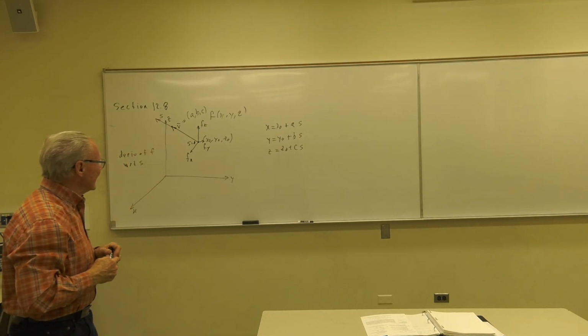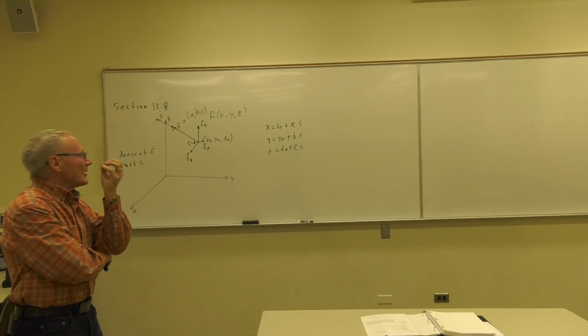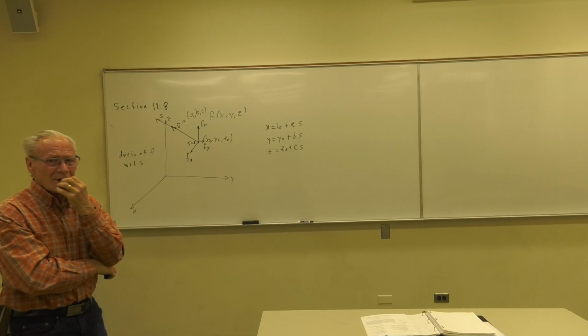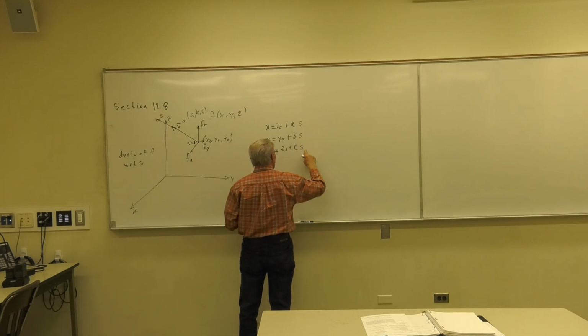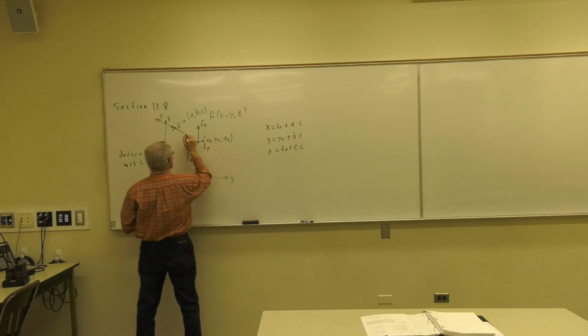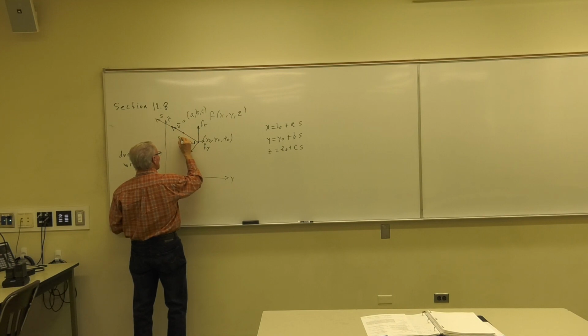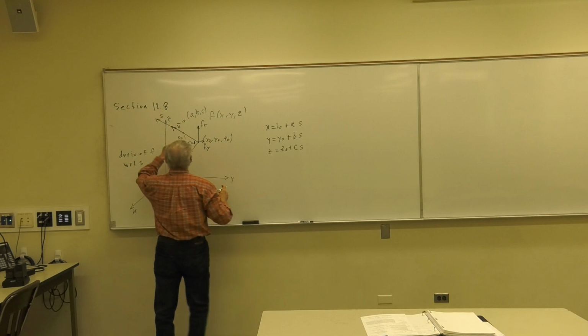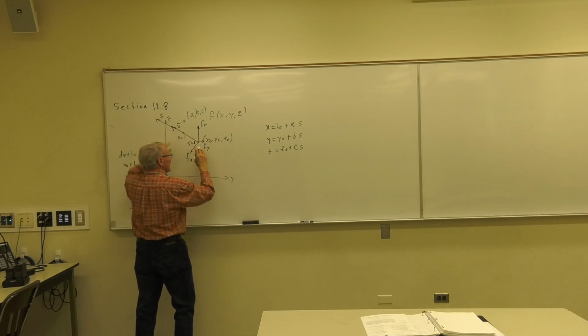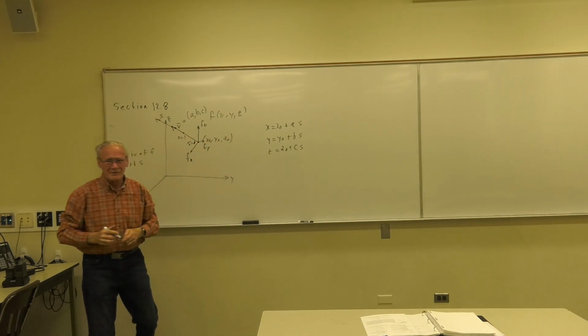Well, that's fine, except I don't like that. If I were to put in s equal to 1, I would like to be at the point here where s is equal to 1. If I were to put in s equal to 2, I would like to be 2 units away from this point. And that's not doing it.